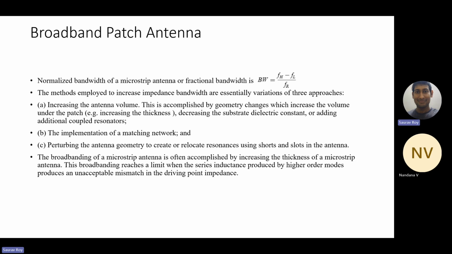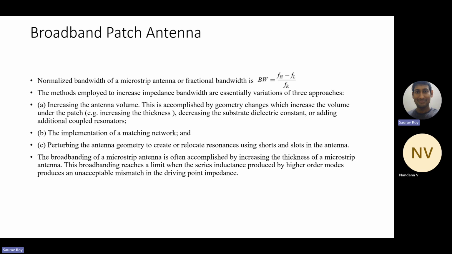You take that difference divided by the resonant frequency. In microstrip antenna papers, you will see people report bandwidth like 15%, 10%, 5%, 20%. This percentage is calculated like this. Is that understood?